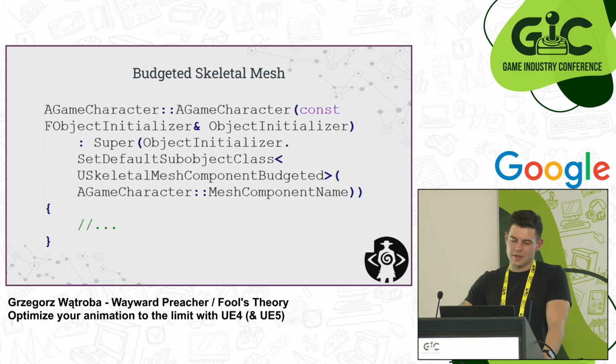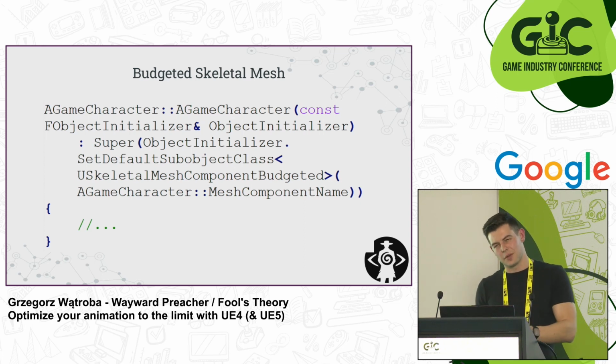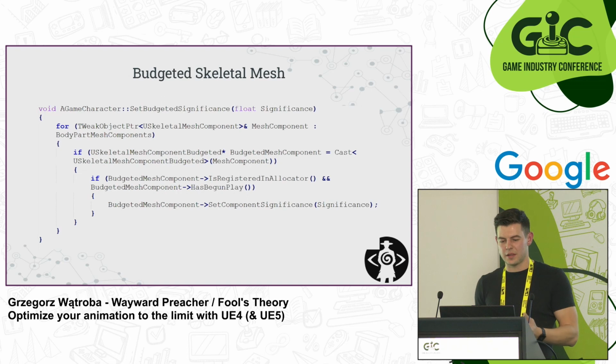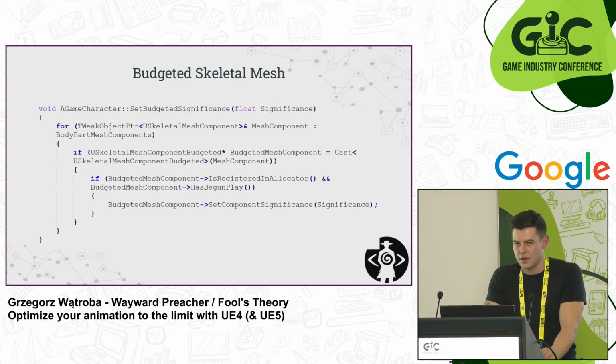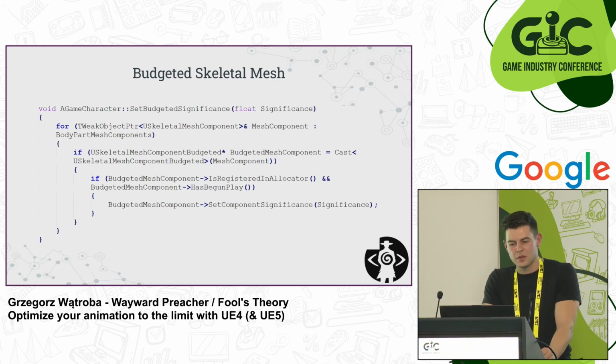What is interesting, the system automatically distributes animation precision, which makes it much easier to test optimization. And this is quite easy to use, especially if you have already the setup for Significance Manager, because we use the same method to calculate significance as for any other object in the game.